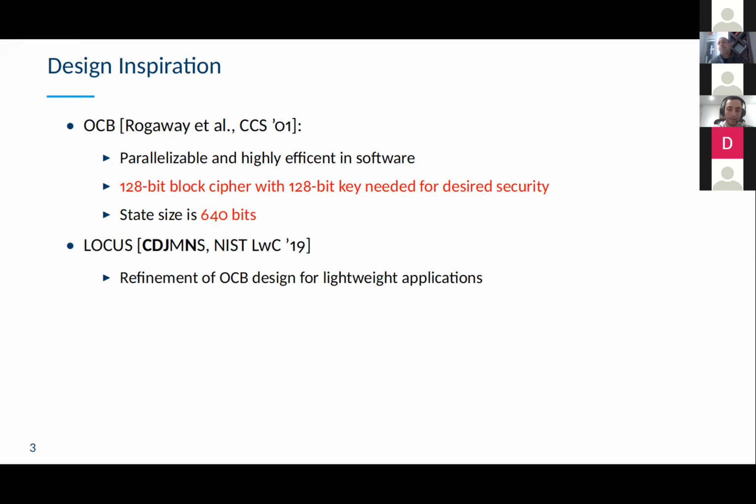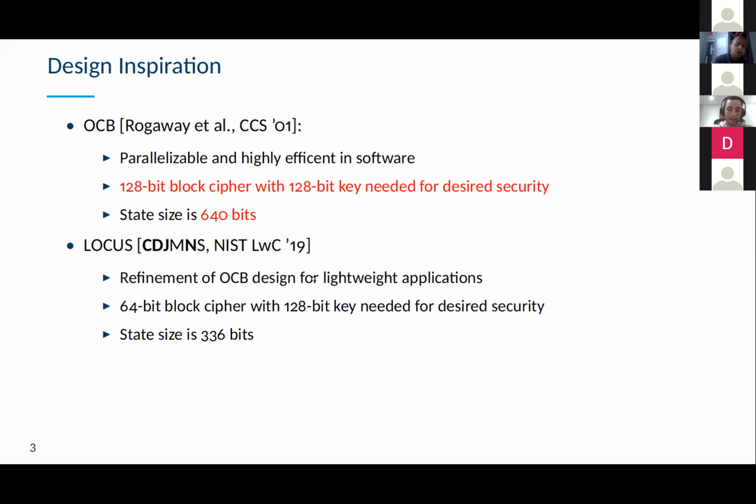And more importantly, in this lightweight crypto competition, several designs have been submitted which are lightweight as well as parallel. LOCUS is one of them, which directly adapts OCB for lightweight applications. LOCUS optimizes OCB by adopting a 64-bit block cipher with a 128-bit key. So it reduces the state size by 64 bits, and also reduces the overall state size to 336 bits from 640 bits.